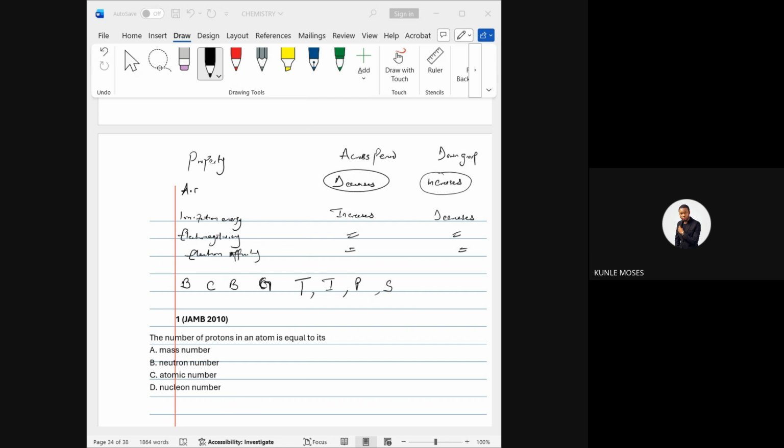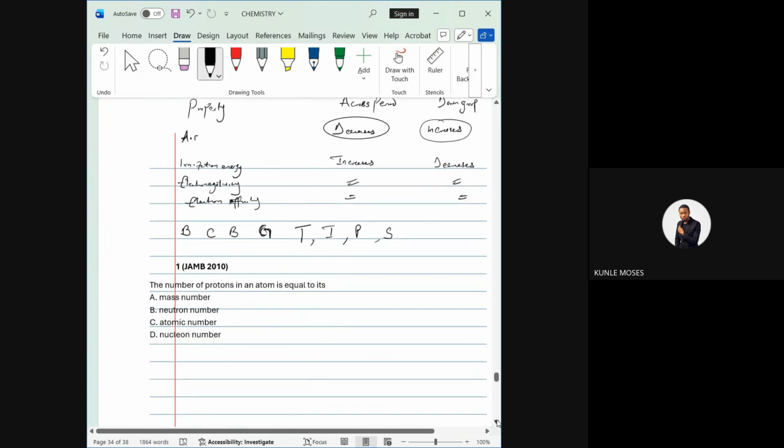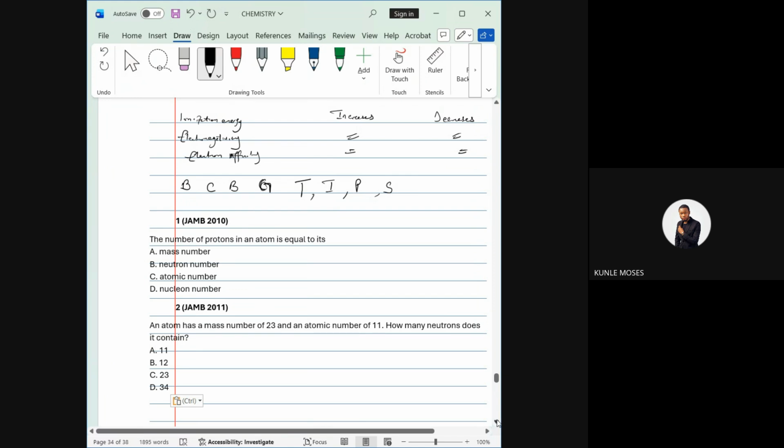Okay, who is the third person? That's Baraka, right? Baraka, are you there? Can you signify if you are still there? Very good. Don't give up. So, an atom has a mass number of 23 and an atomic number of 11. How many neutrons does this contain?